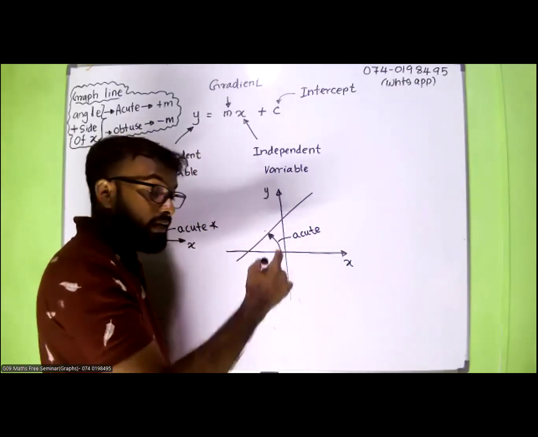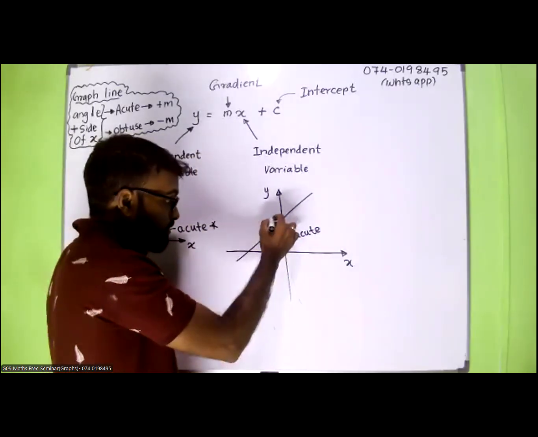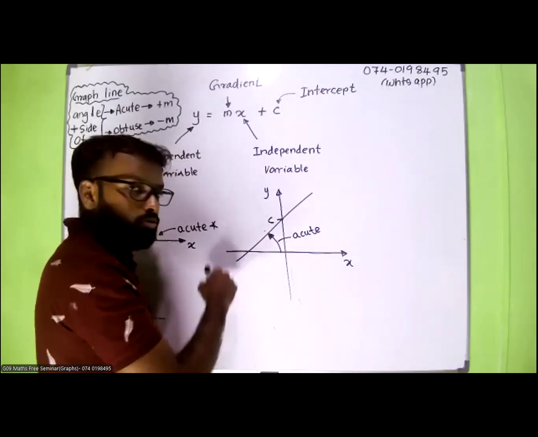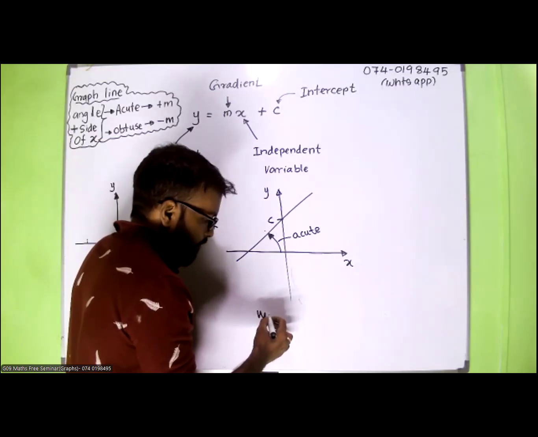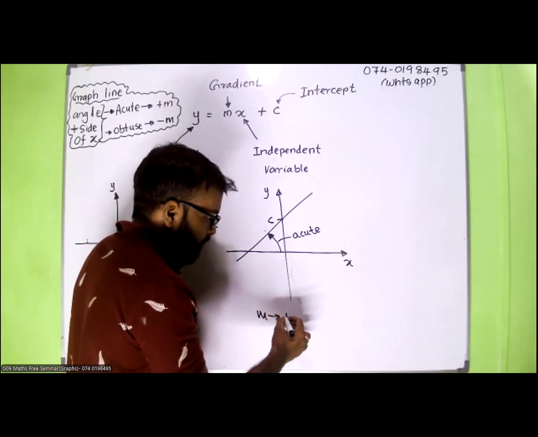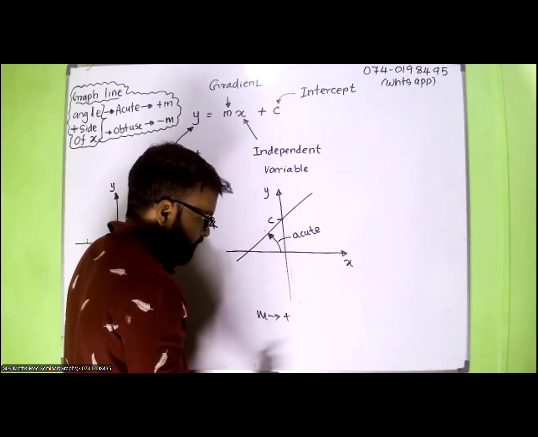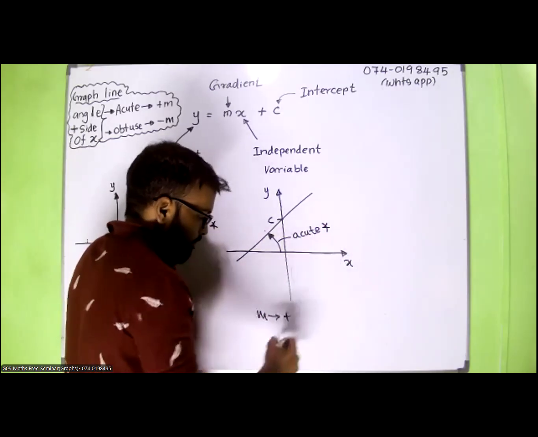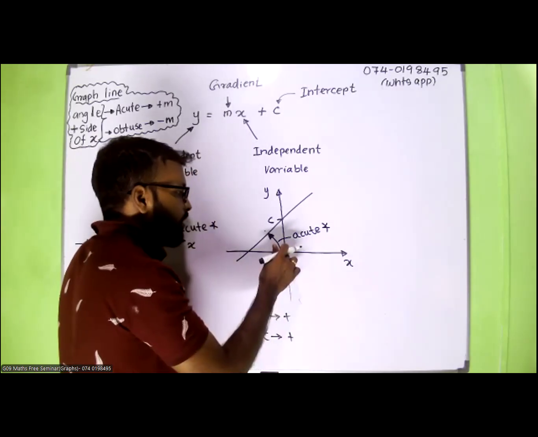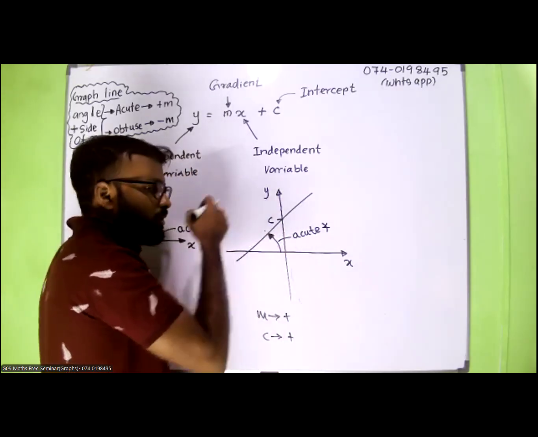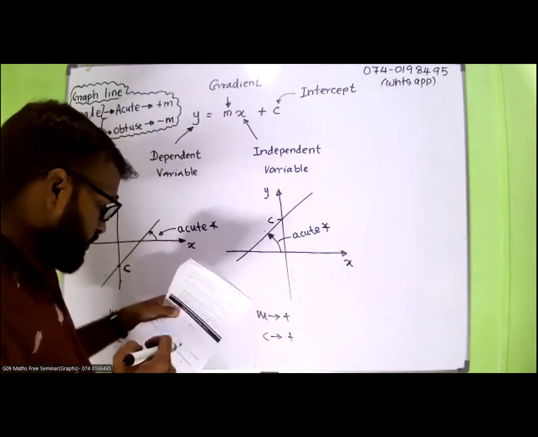Where is your C intercept? Maybe here is your C. Is it positive or negative? Positive. So M is positive because of the acute angle, and C is also positive, meaning the upper side of the origin.